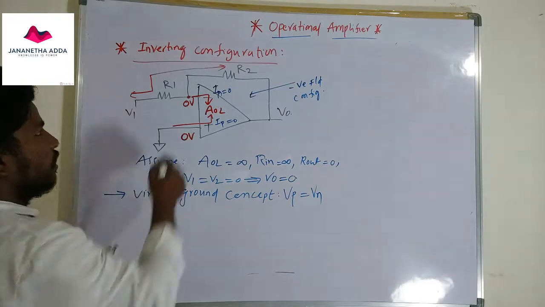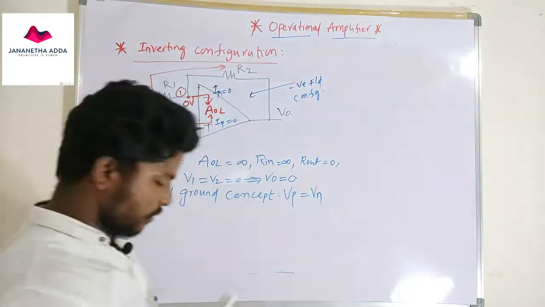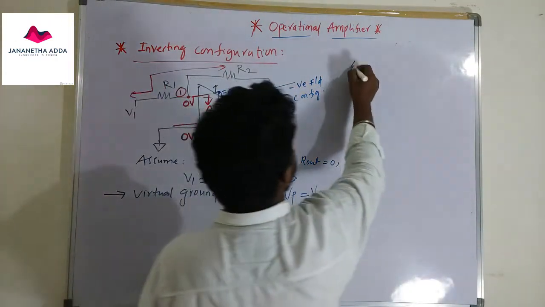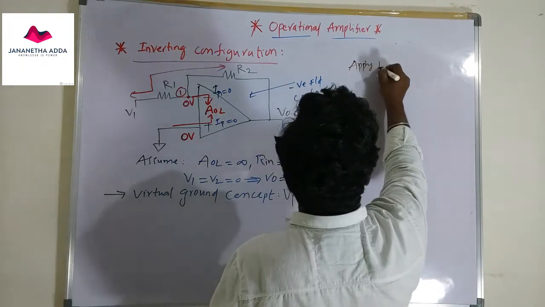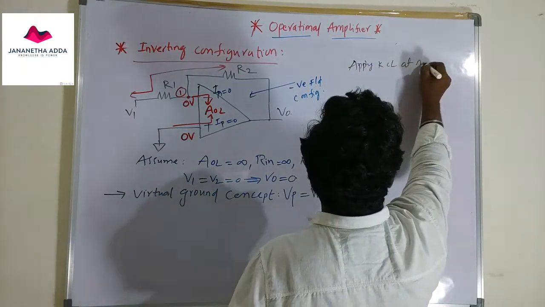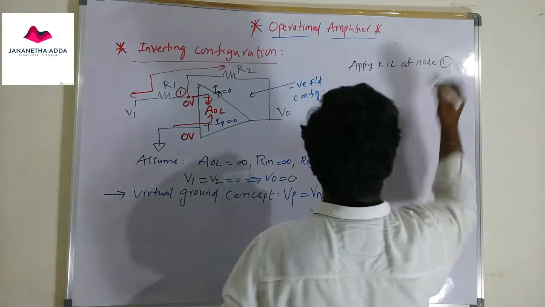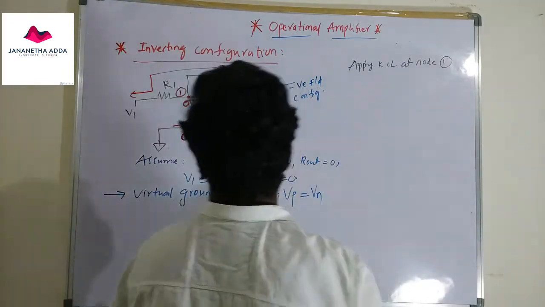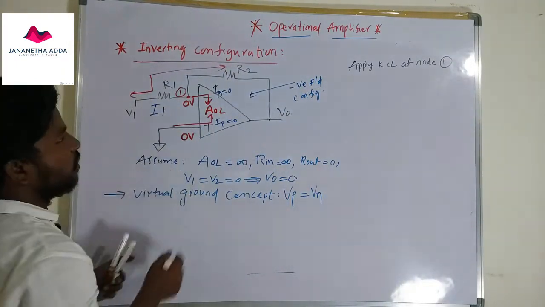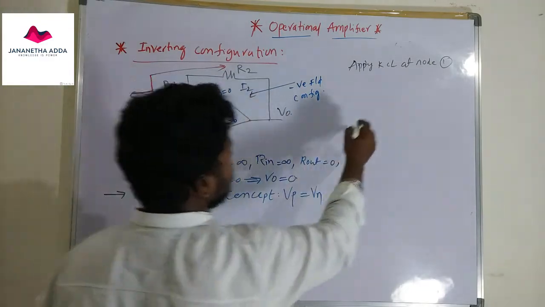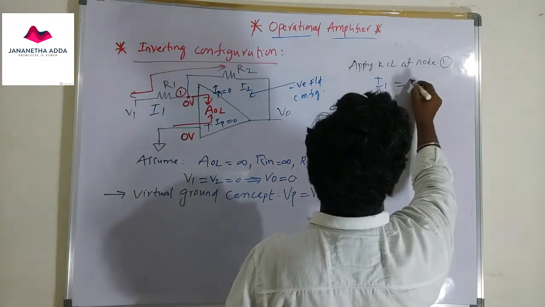So I can apply KCL at node 1. I am assuming that the current flowing here is I1, the current flowing is I2, where I1 is equal to I2.